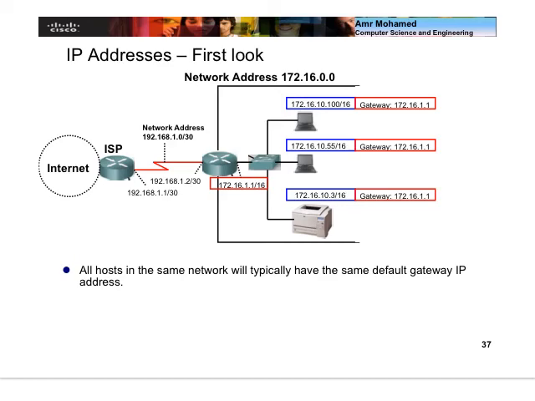So each host has to have these three pieces of information: the address and the subnet mask, which helps it to divide the IP network and host, and then the gateway, which refers to the way out. Okay, so all hosts in the same network will typically have the same default gateway, which makes sense because each subnetwork will have only one way out.